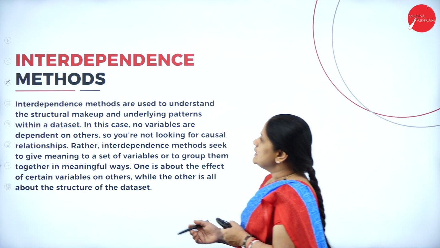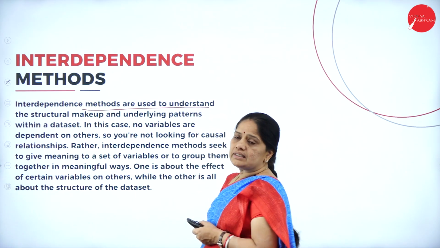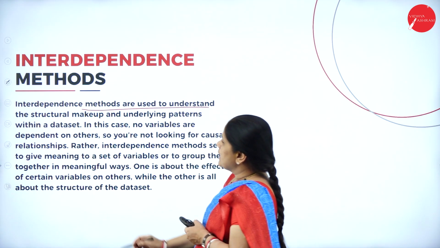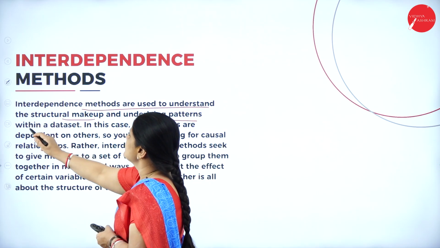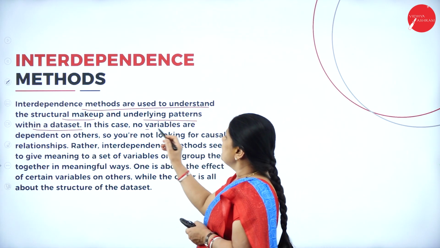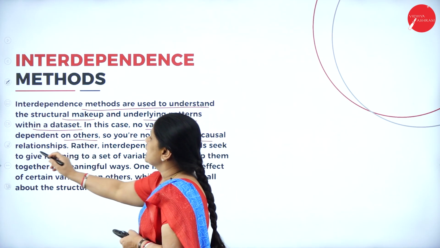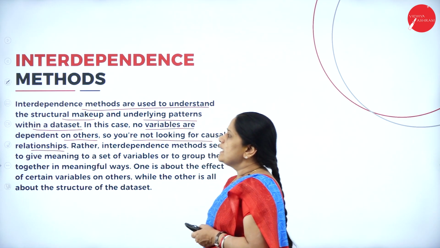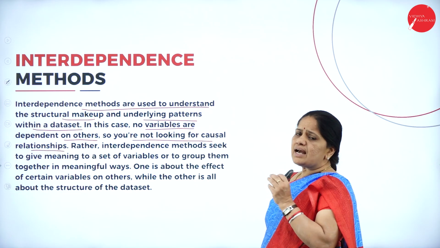Then, the interdependence method. In this interdependence method, they are used to understand the structural makeup and underlying patterns within a data set. In this case, no variables are dependent on others. So, you are not looking for causal relationships. In this interdependence method, the variables are independent.